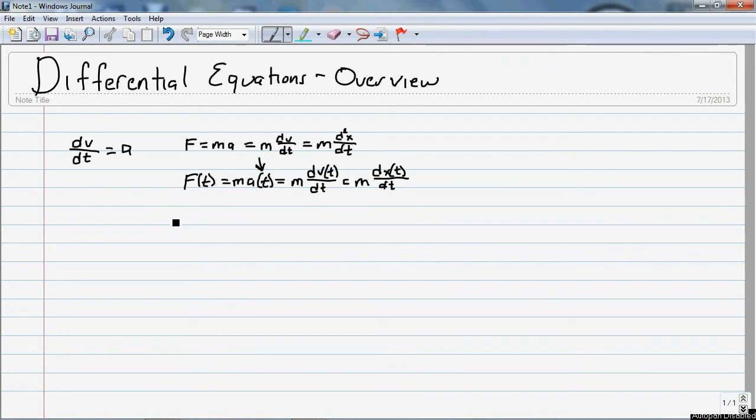Now, this is going to be important when we talk about oscillations, and we'll even see how the formulas will relate when we talk about electrical systems. So in chapter 14, we talk about springs and pendulums.